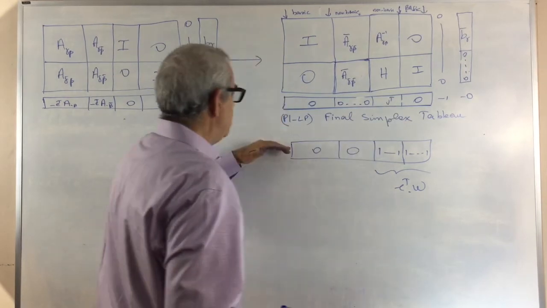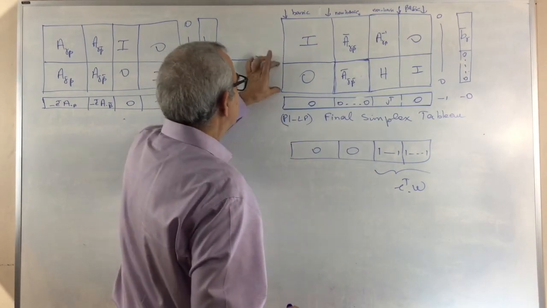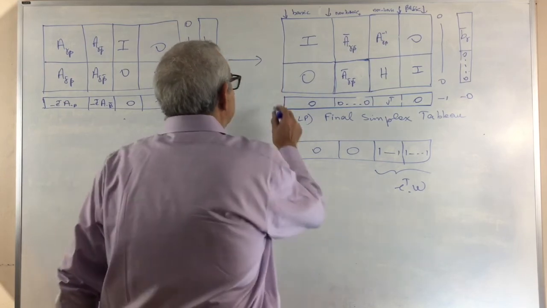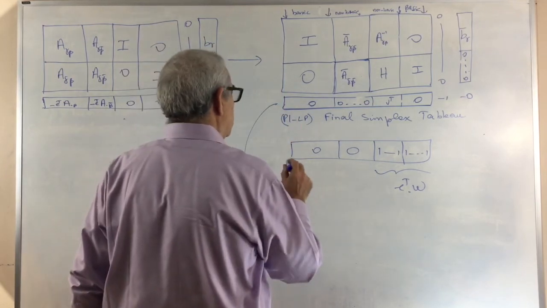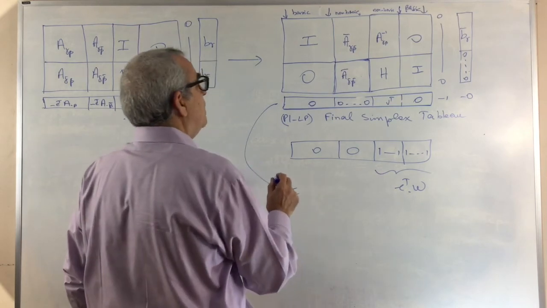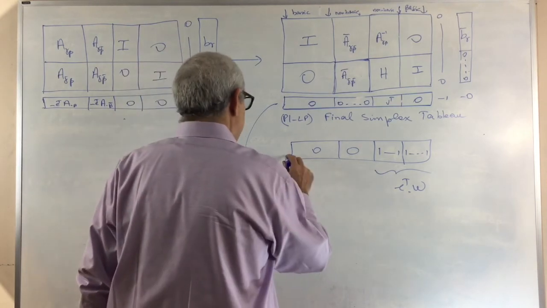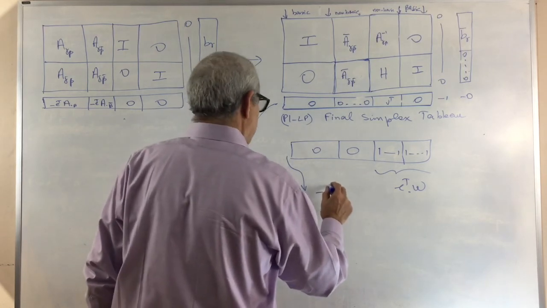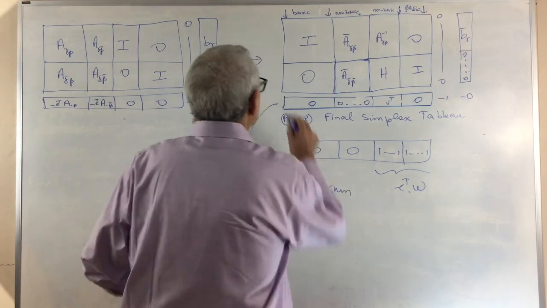So what we did is we did this row minus the sum of these rows. That will be equal to this. So this row is equal to this row minus the sum of these rows here.